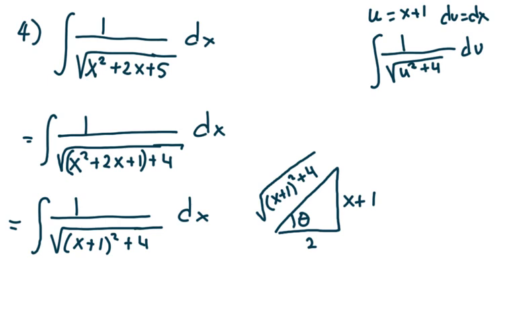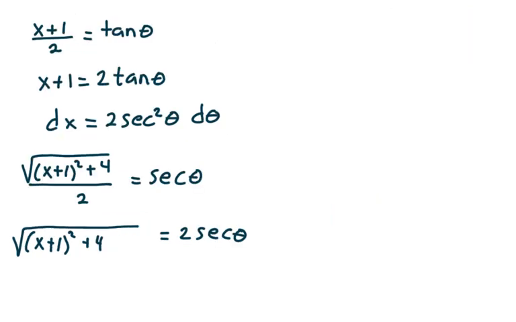So you don't always have to do a u substitution if you're able to handle it with, instead of being an x, it's an x plus 1. And I'm talking specifically for this example. Now, what that says is that x plus 1 over 2 is tangent theta.